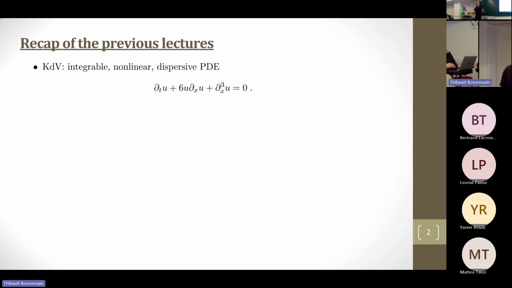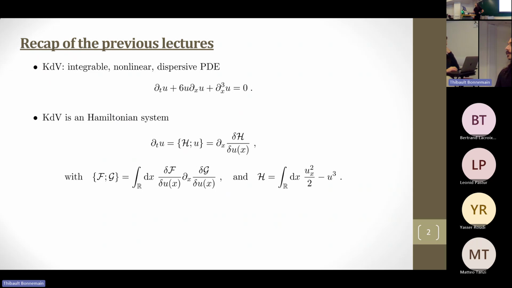So again, like last time, I'll start with a quick recap of last lecture. Last time I introduced the KdV equation as a prototypical example of an integrable nonlinear dispersive PDE, and I told you that it was a Hamiltonian system. So you can find a couple of Poisson bracket and Hamiltonian that generate KdV dynamics.